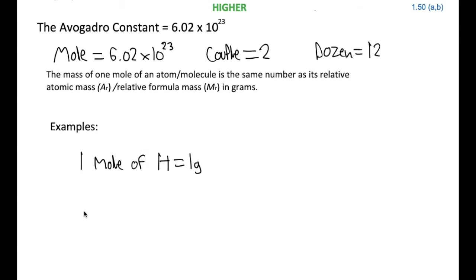Let's do another example. Ethanol is a compound with the formula C2H6O.